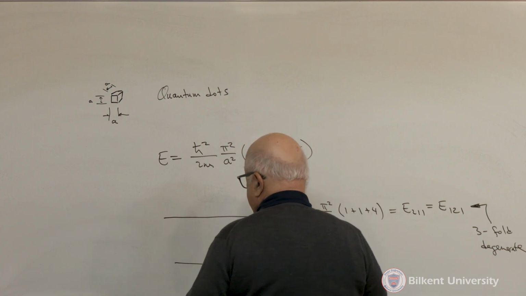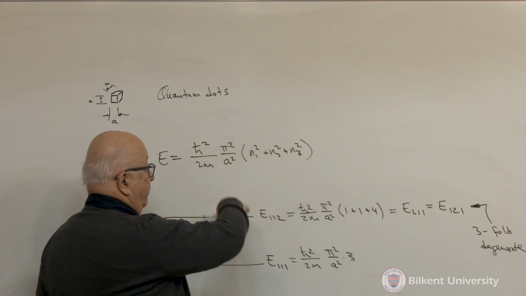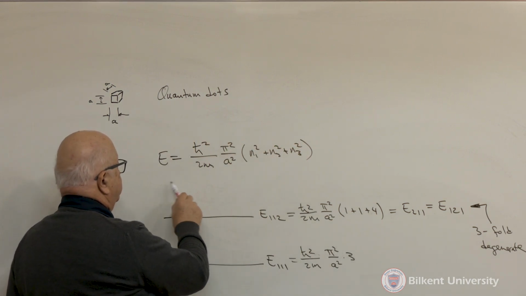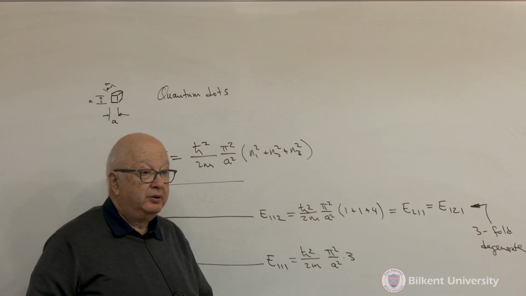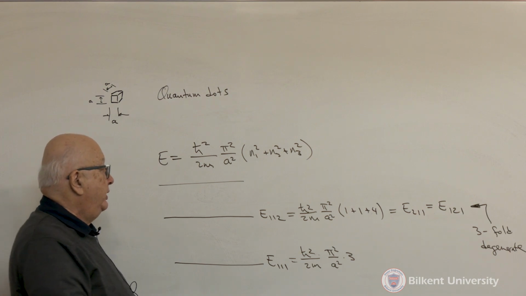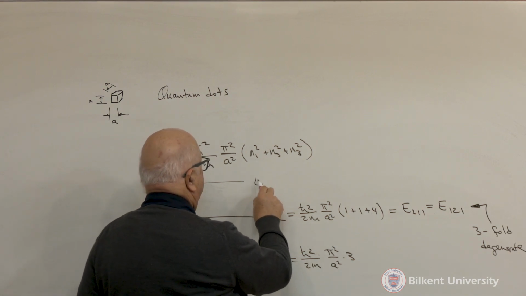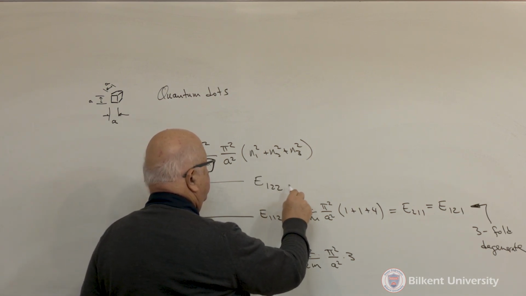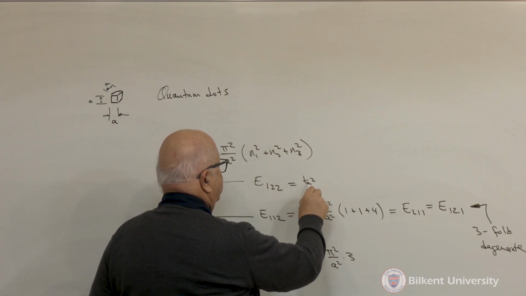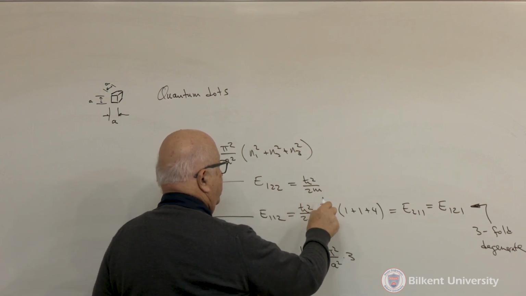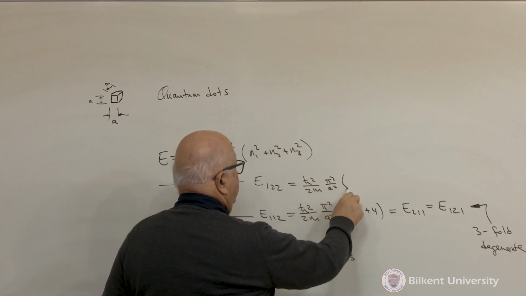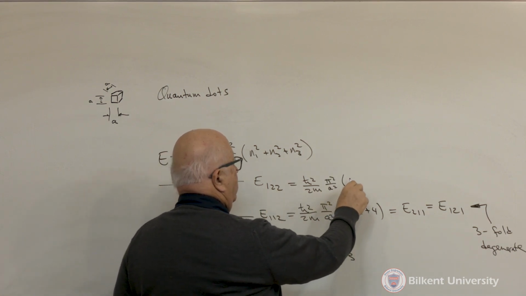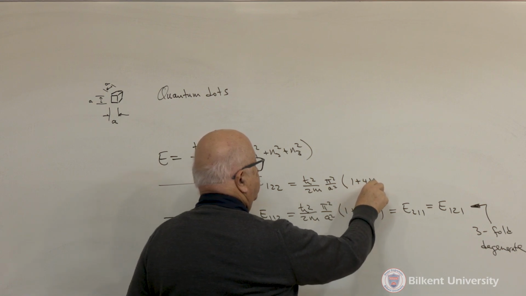Okay, and then if we go one higher up, so let's just play this game one more time. What's the next one? 1, 2, 2. Okay, 1, 2, 2, I'll trust you. E122 is going to be h bar squared over 2m, pi squared over a squared, and then I have 1 plus 4 plus 4.